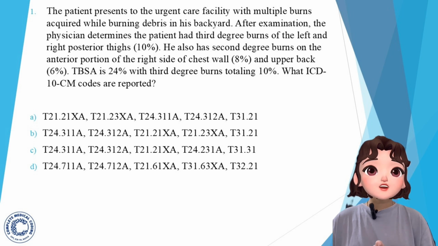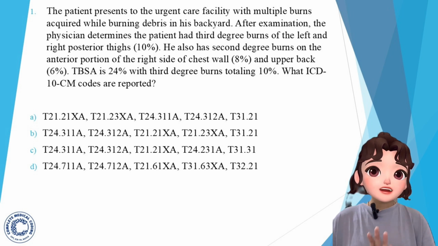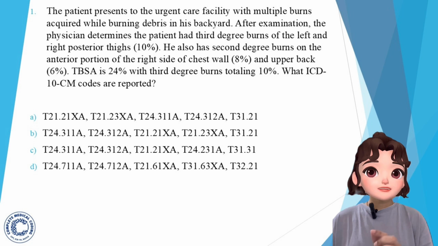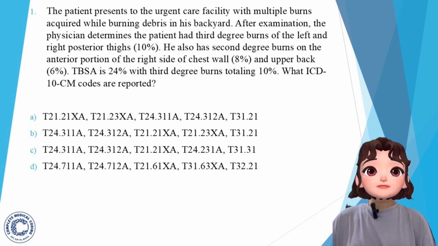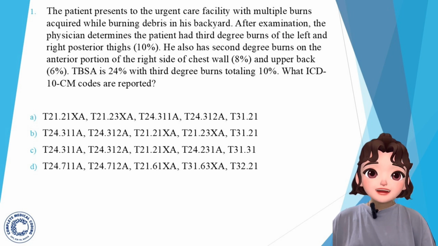As the first ICD, you have to always code for the third-degree burn, which is there in options B and C. The number 3 is coming immediately after the decimal point in options B and C.